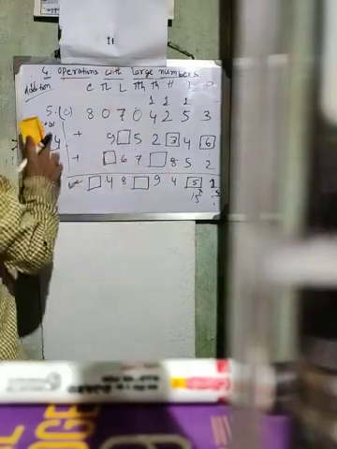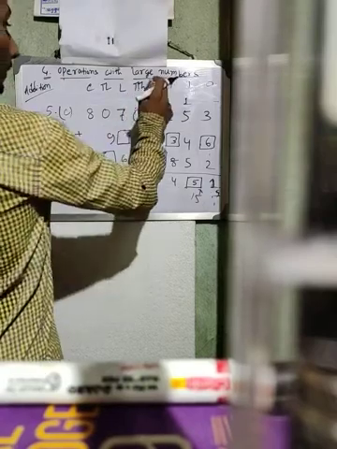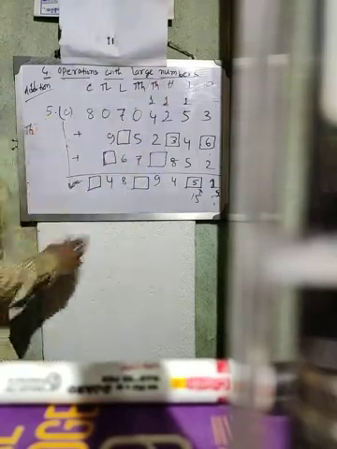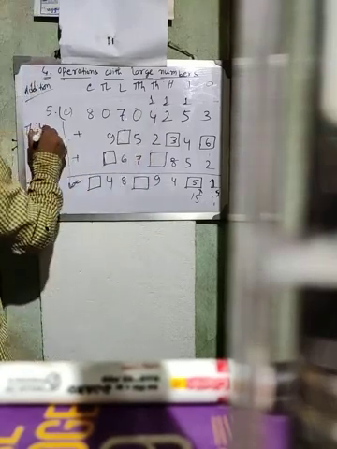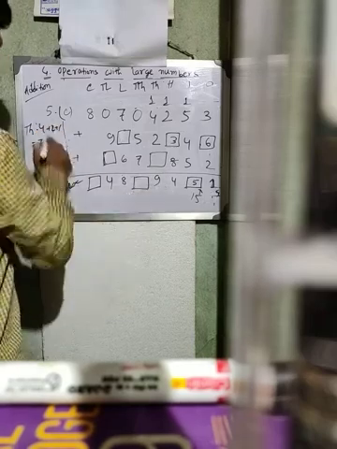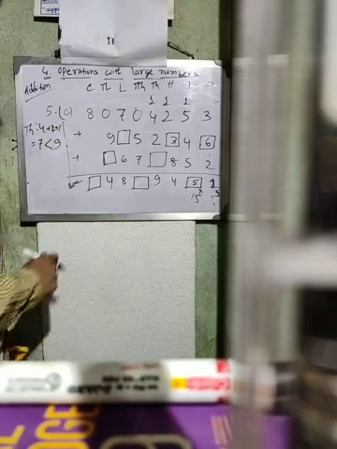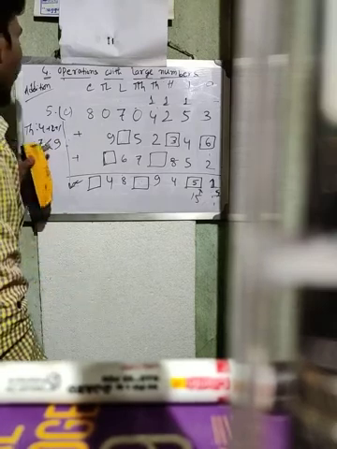Next, compare the 1000 place. Compare 4 plus 2, 6, 6 plus 1, 7. That means 7. Here 9. So 7 is less than 9.